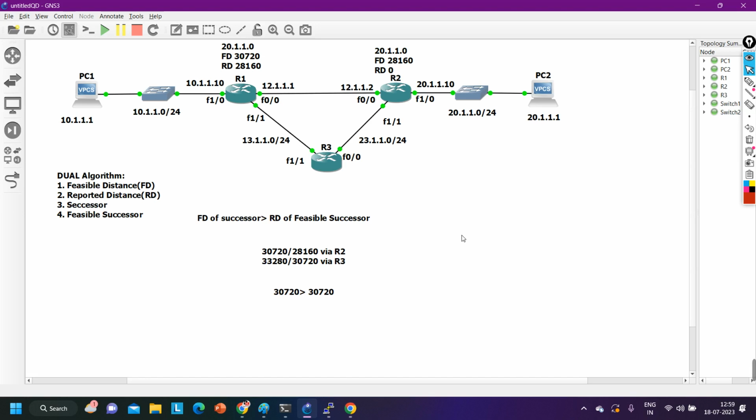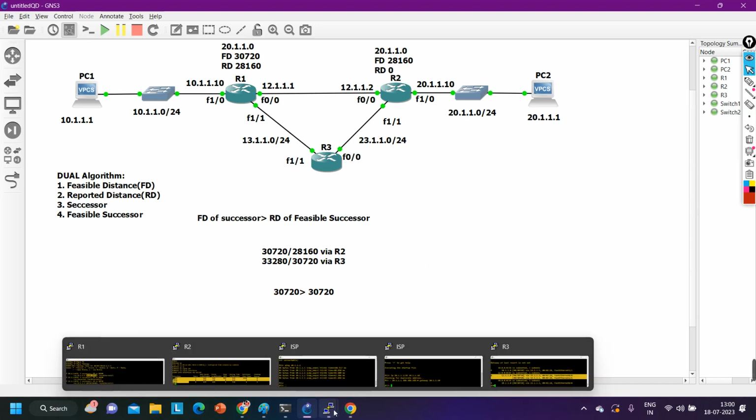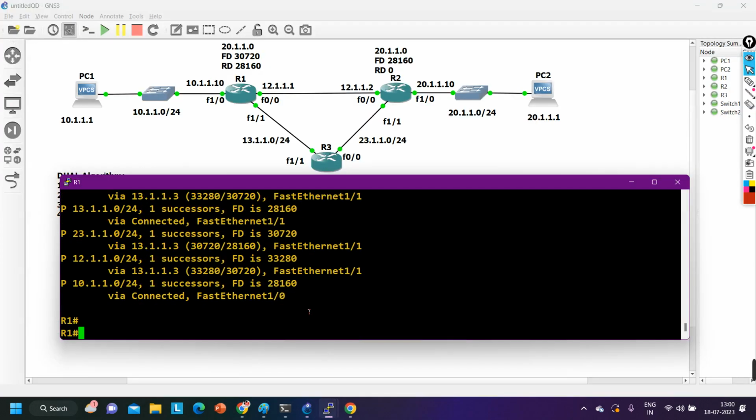Otherwise, it will install only the successor path. Any doubt till here? Is it clear to everyone? It is very simple. I am just saying that a router installs successor and feasible successor in its topology table.